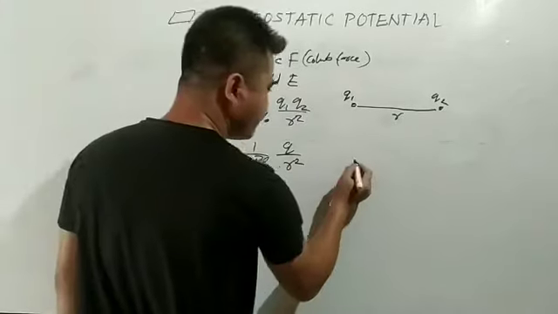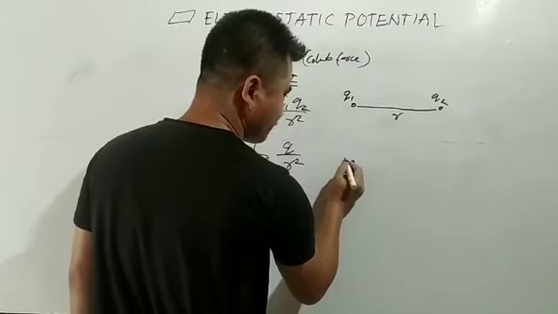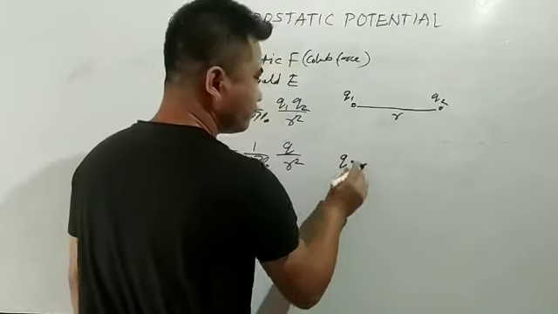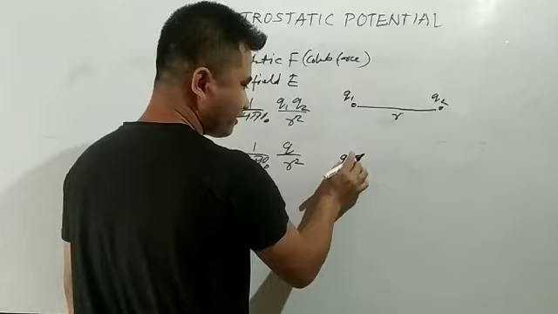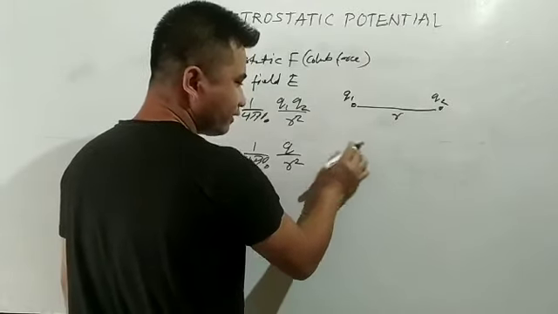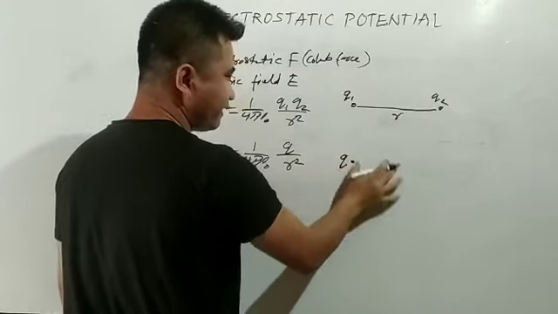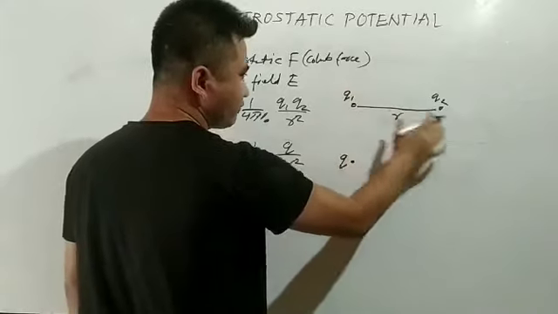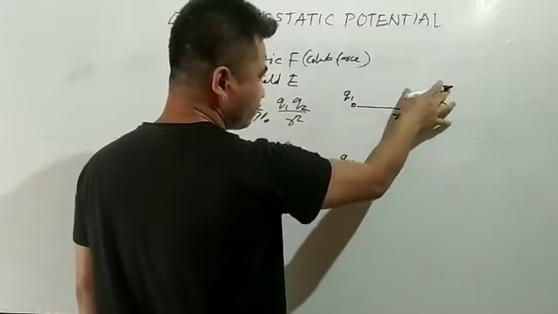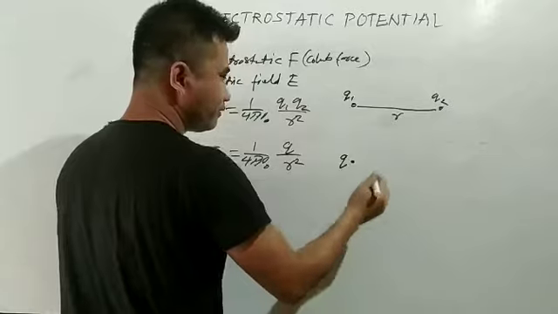That means if there is one charge Q, around this charge there is some electric field. Here also there is electric field, and due to this charge also there will be electric field.